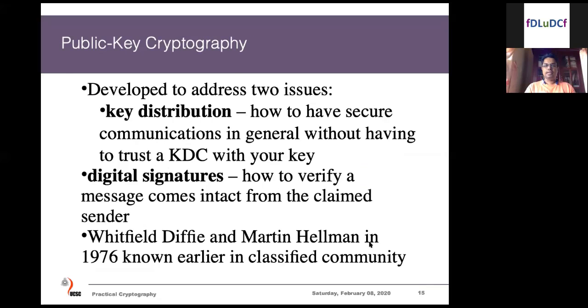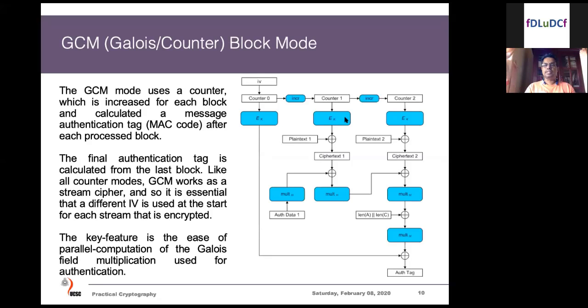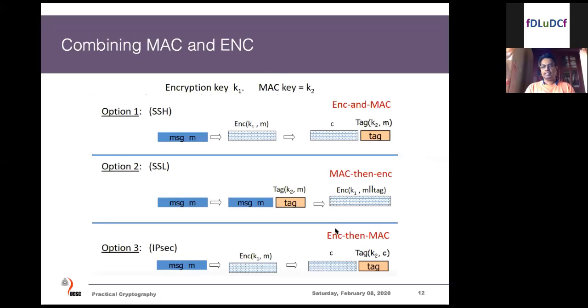If you understand that, when we go back to this, you see here, in this mode we do the ciphertext calculation first, and then pass it to the authentication code calculation. That is encrypt then MAC.